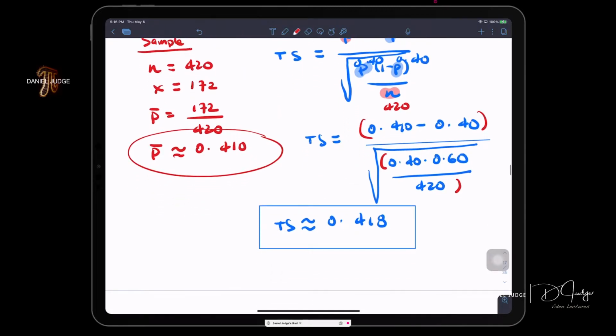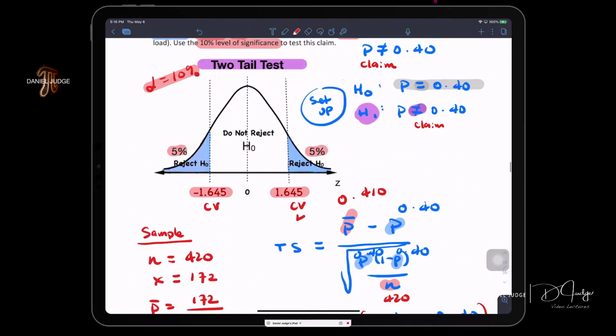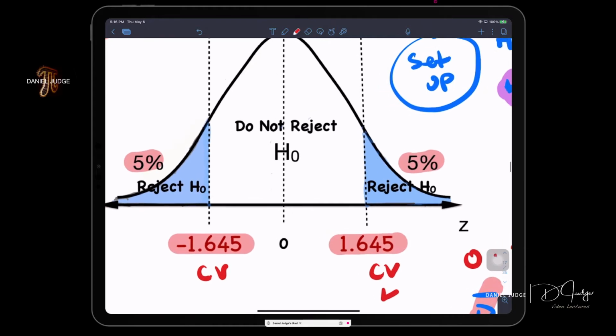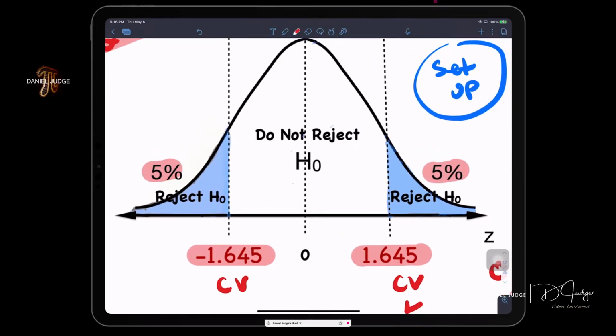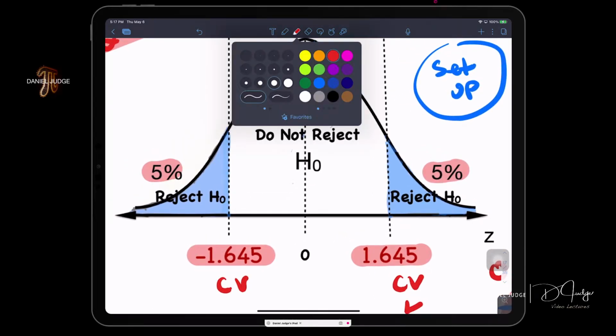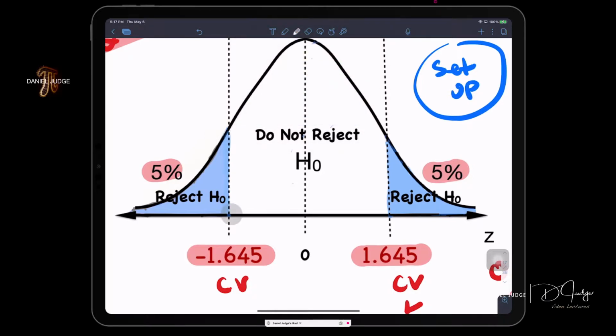So what we need to do with this number, we've got to see where it lives in our decision rule. So let's take a close look at this decision rule. Any test statistic that lives between my critical values of negative 1.645 and positive 1.645, we do not reject the null.